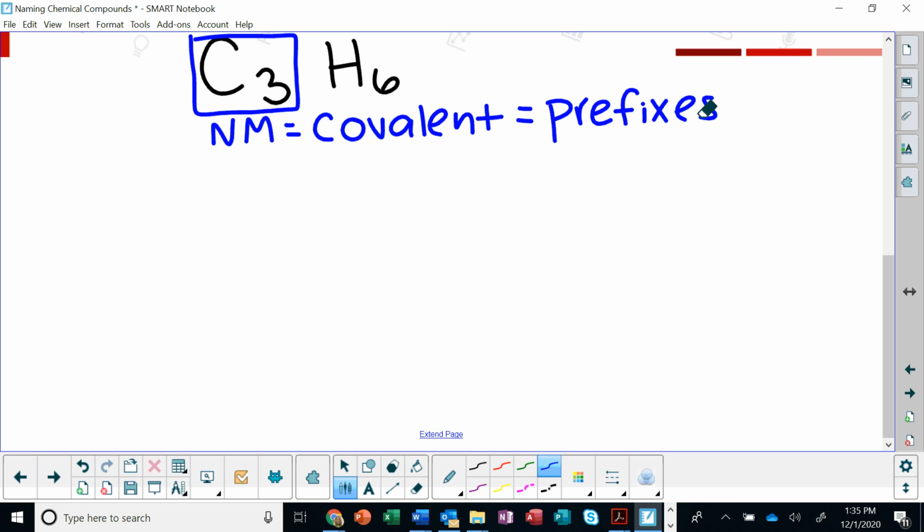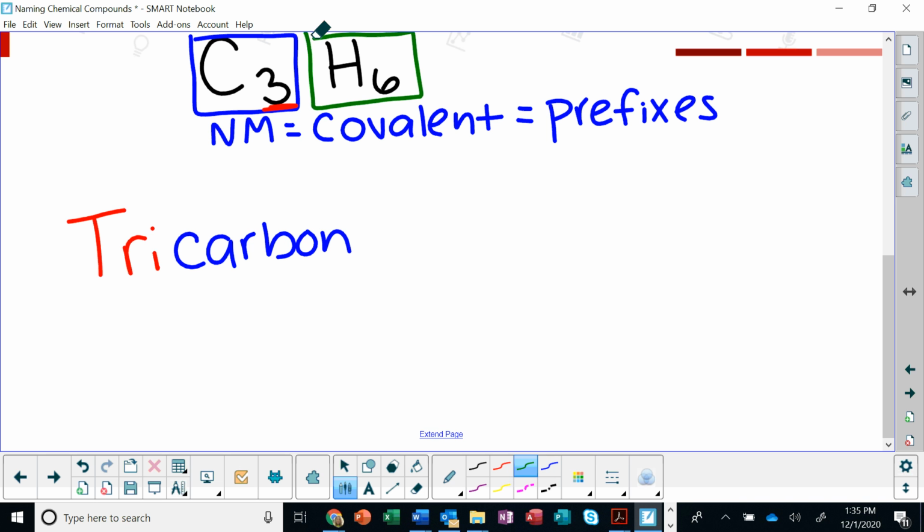Okay. So we're going to start with carbon. So I look at carbon. There are 3 carbons. The number behind the element tells you how many we have. So again, the prefix for 3 is tri. So we have tricarbon. Look at our second element, and look how many of them we have.